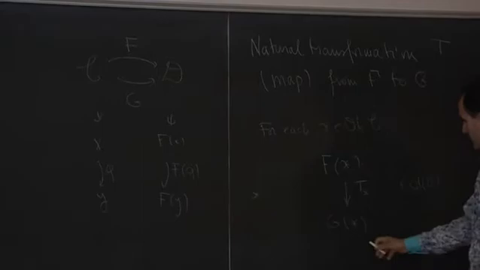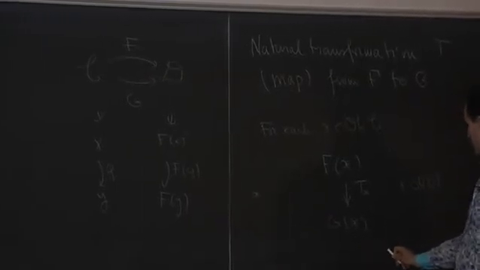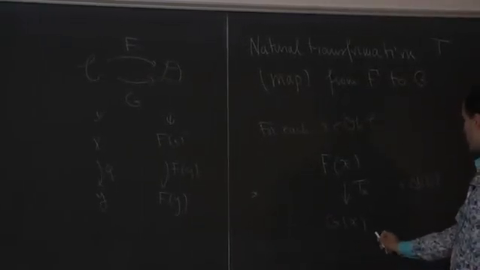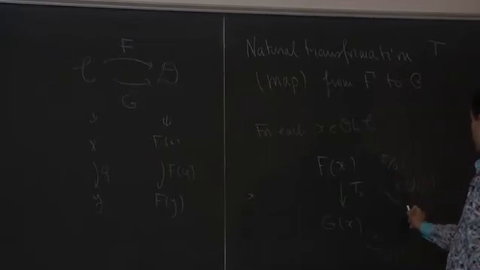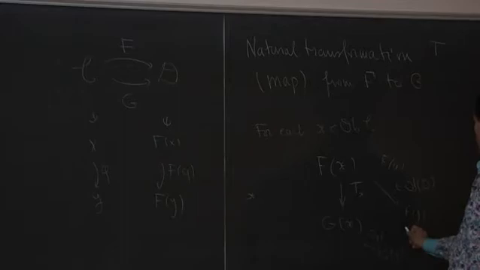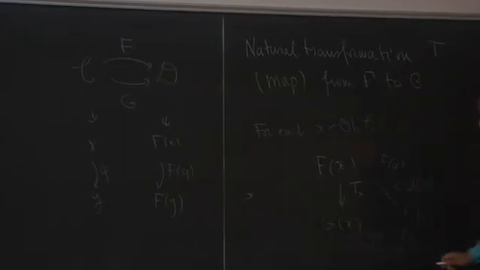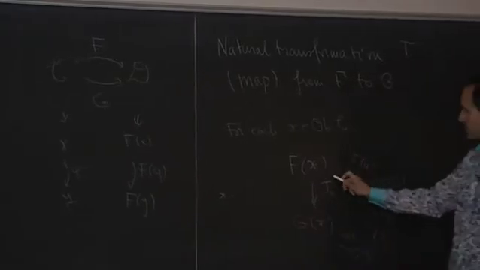Any diagram you can write down commutes. So there's going to be a G of y, a G of phi, an F of phi. If you take two elements, an F of y, this will be T_y, and you're asking that going this way or this way gives the same thing. You preserve the structure.